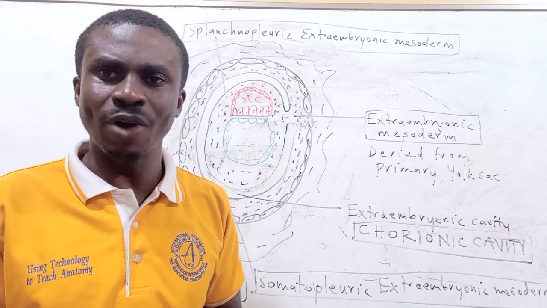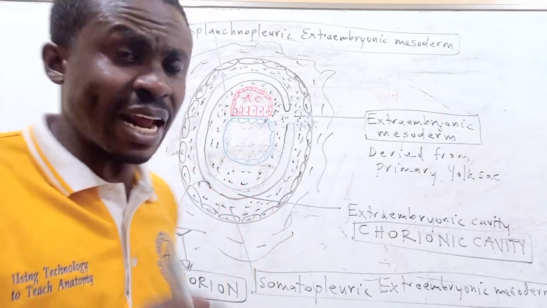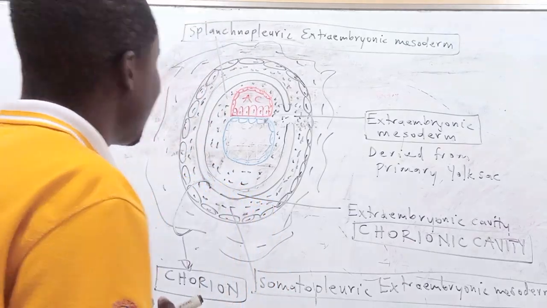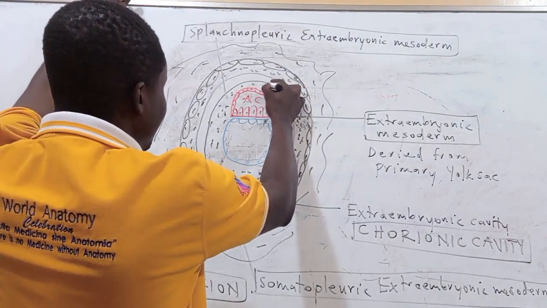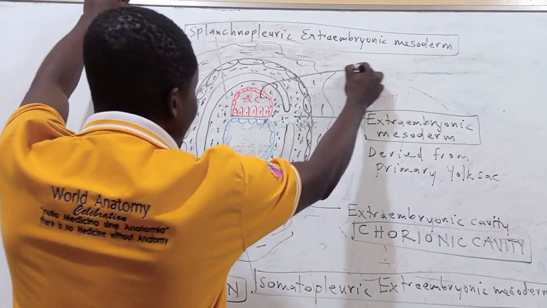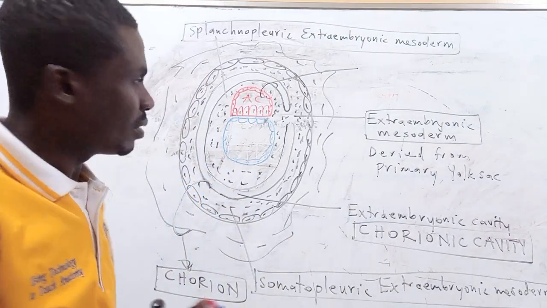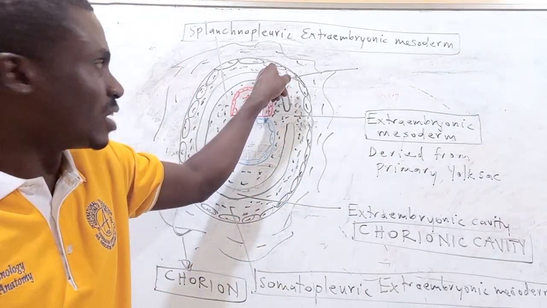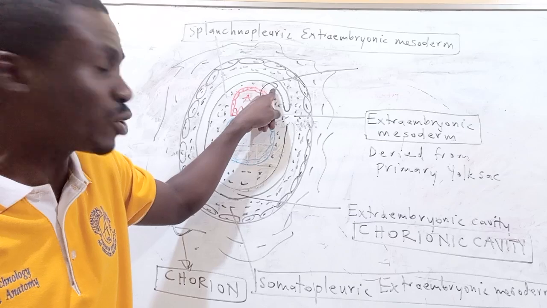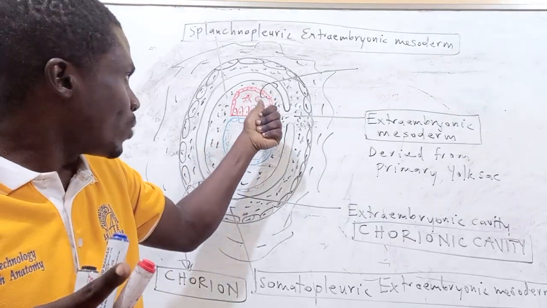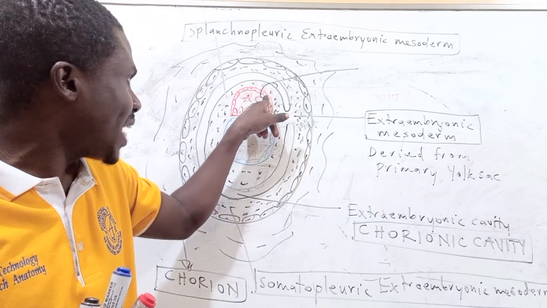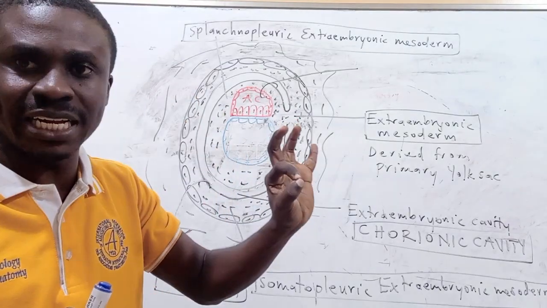Now what else? There's another membrane that I want you to know. This time I'm not talking about the somatopleuric, this time it's the splanchnopleuric extra embryonic mesoderm, together with, of course, the amniogenic cells.